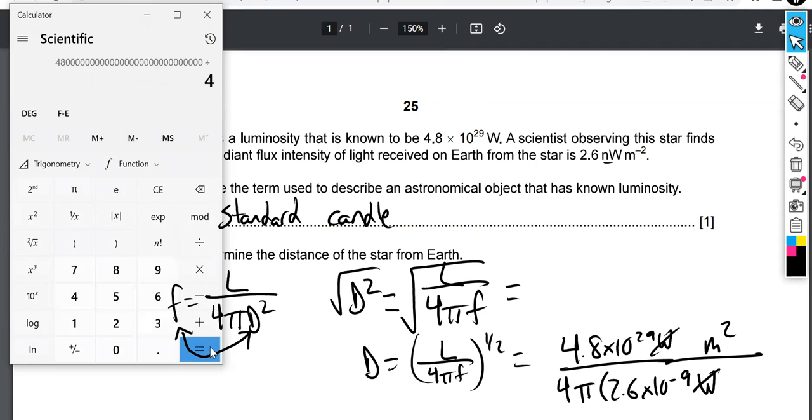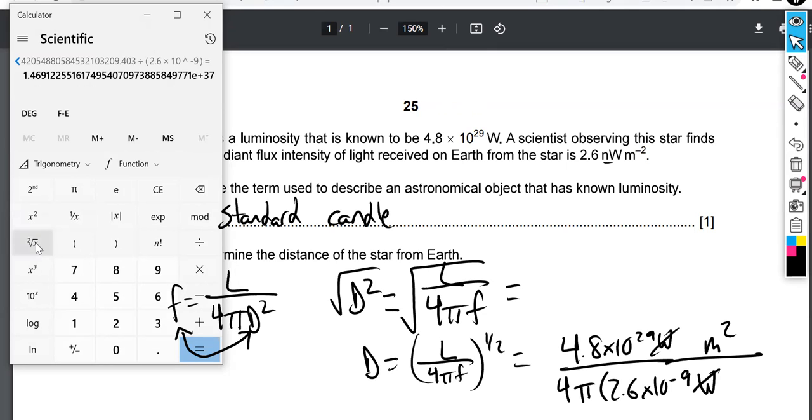Divided by 4 equals, divided by pi equals, divided by open parentheses, so important, 2.6 by 10 to the -9 equals, I have something to the 37th power, which, we know space is vast, but that's really vast.